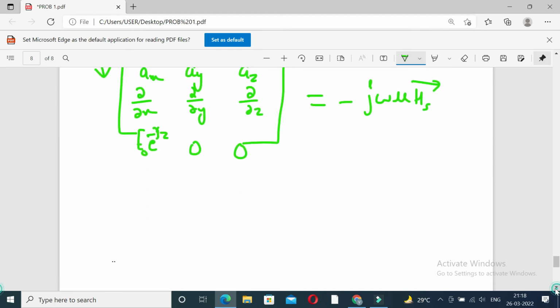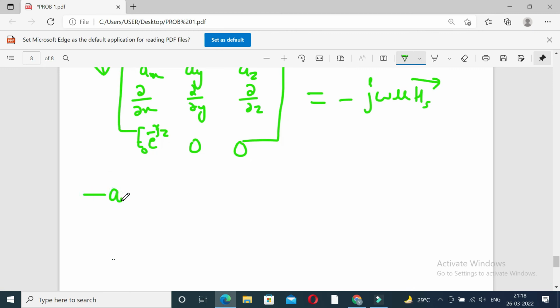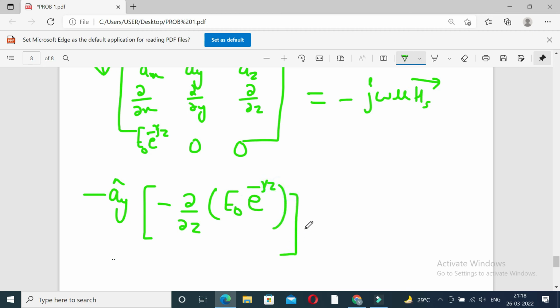So it is equal to minus ay cap minus del upon del z of E naught e to the power minus gamma z, is equal to minus j omega mu H naught e to the power minus gamma z into ay cap.